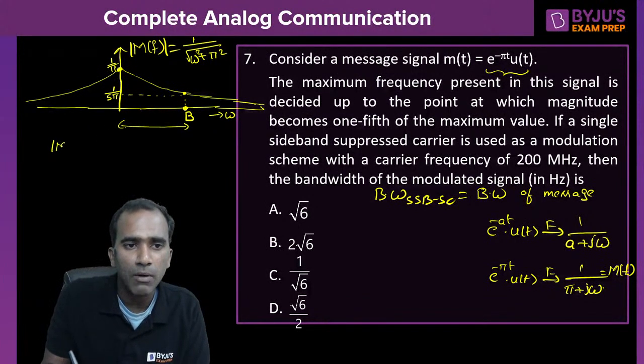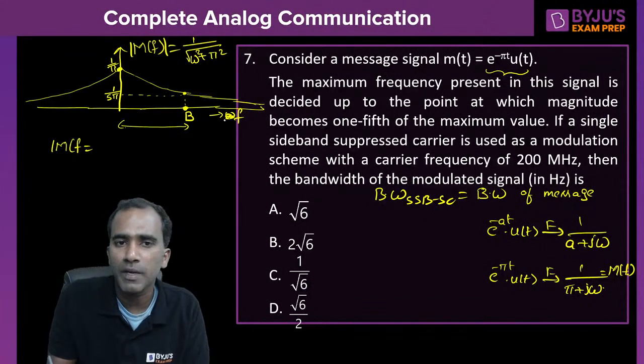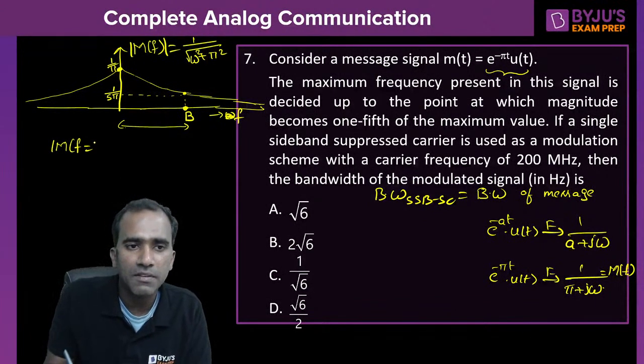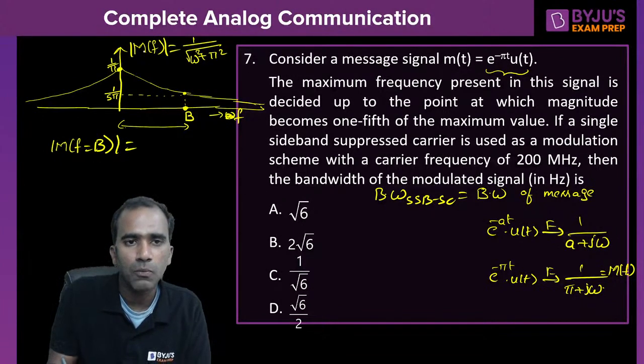So mod M of f at f equal to B, because bandwidth you can deal with in terms of f or omega, both are fine. Let me deal in terms of f because I'm comfortable with f. What is the magnitude at f equal to B?